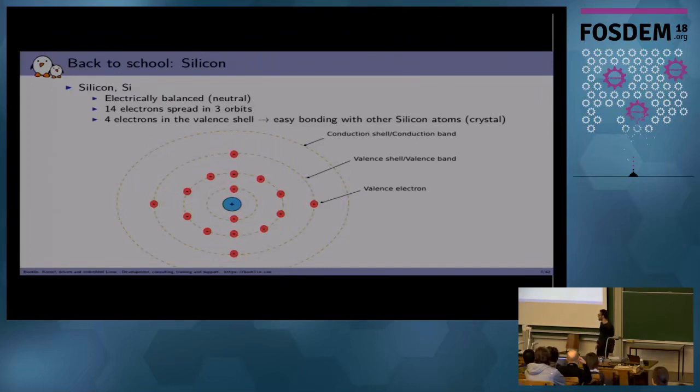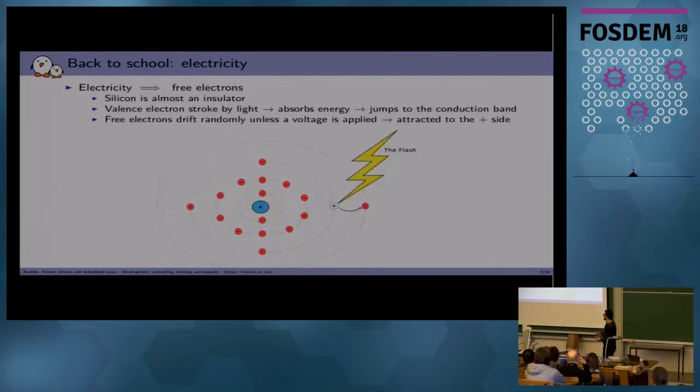It's called the valence shell. Each electron will bond with an electron of another silicon atom, and this makes the crystal. In a perfect world at 0 Kelvin, absolute 0, you won't have any current with silicon.